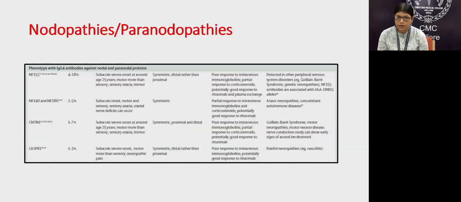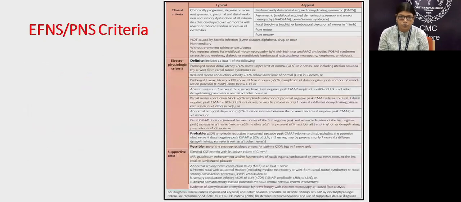Now, the newer concepts are the nodopathies and the paranodopathies. Just to be familiar with the term, I'm not going into detail about the different proteins at the nodes of Ranvier. And just to sensitize you, there is a criteria for CIDP, that is the European Federation of Neurological Societies and Peripheral Nerve Society criteria of 2010, which has brought forward clinical and electrophysiological criteria and supportive tests.